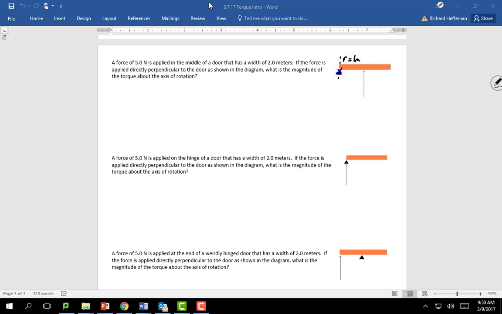That's the distance from the axis of rotation to where the force is being applied. Is the force applied perpendicular? And we are good. Torque equals R times force perpendicular. The distance is 1 meter. The force applied is 5 newtons. The amount of torque there is equal to 5 newtons times meters.